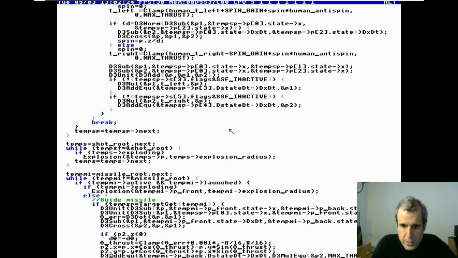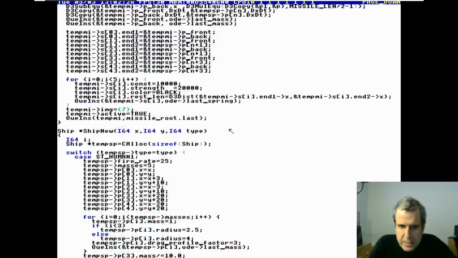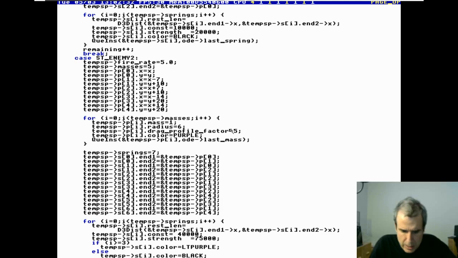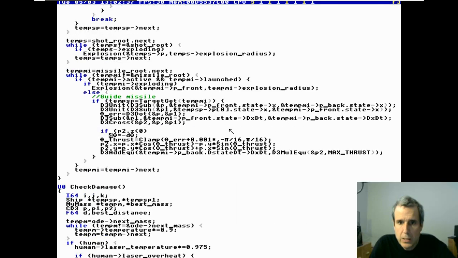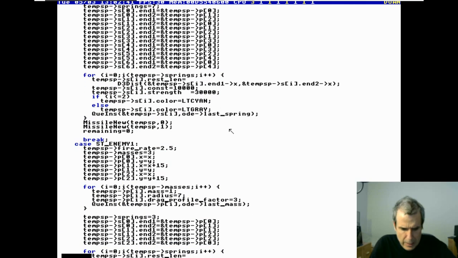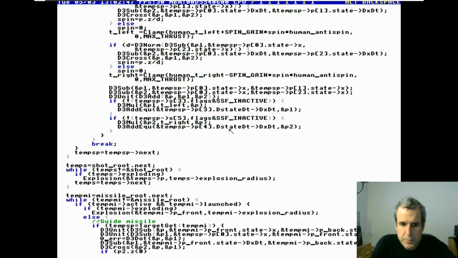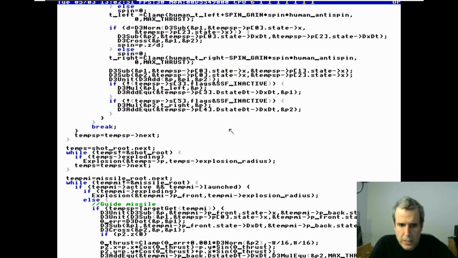Alt backspace. Alt backspace. There it is.